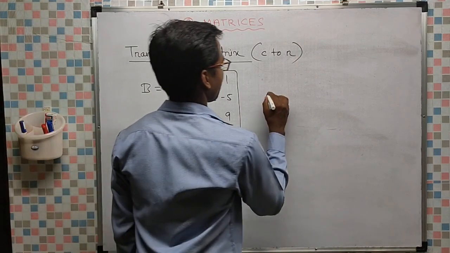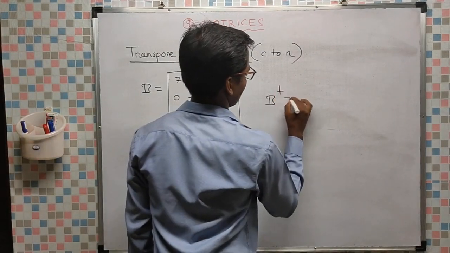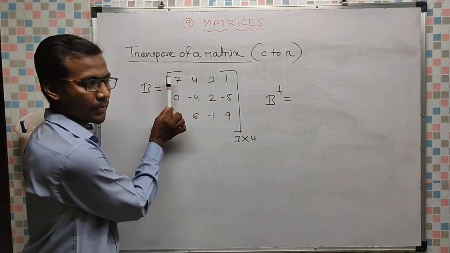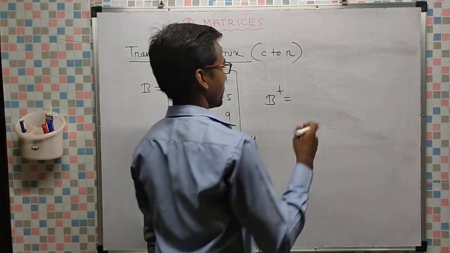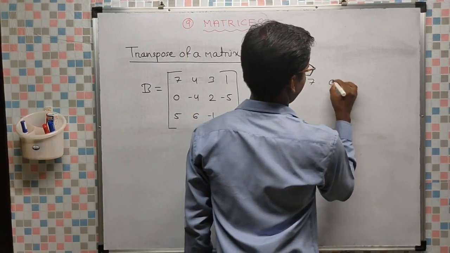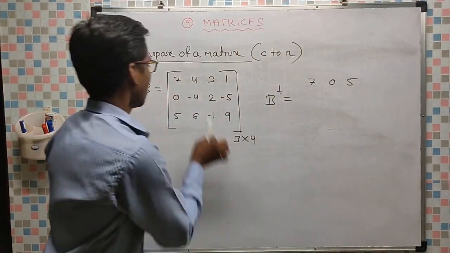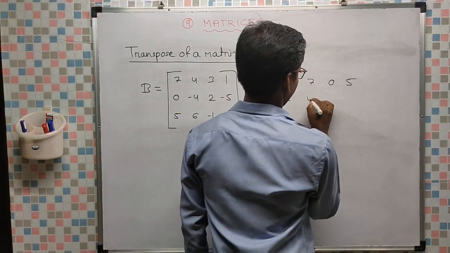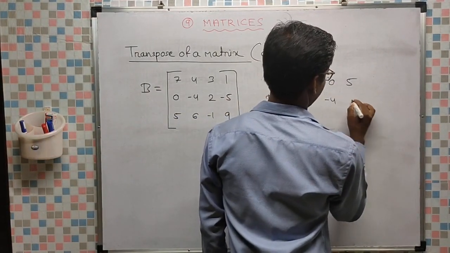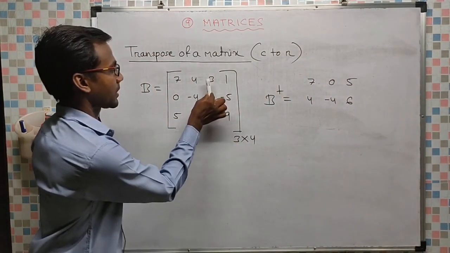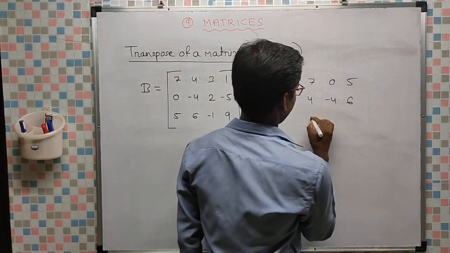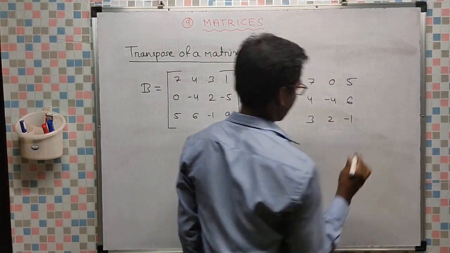So B transpose is equal to, this is the first column, make it the first row, 7 0 5. This is the second column, make it the second row, 4 minus 4 6. This is the third column, 3 2 minus 1, make it the third row, 3 2 minus 1.